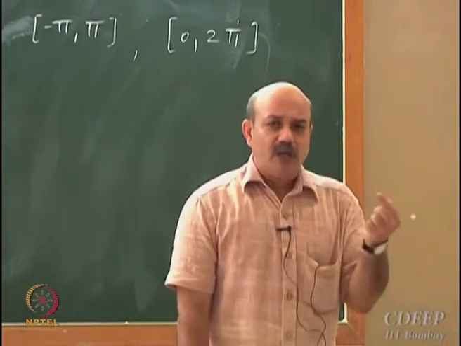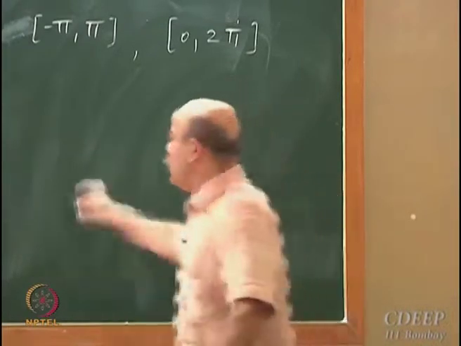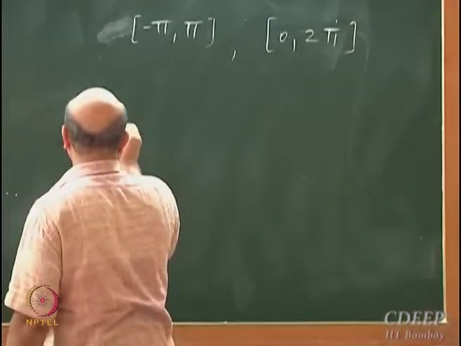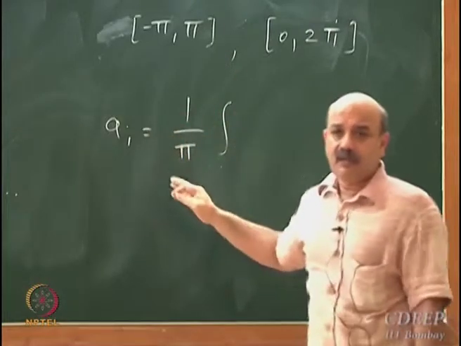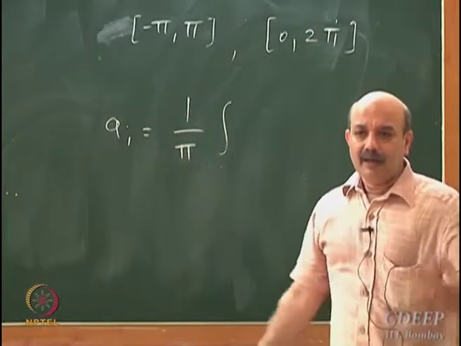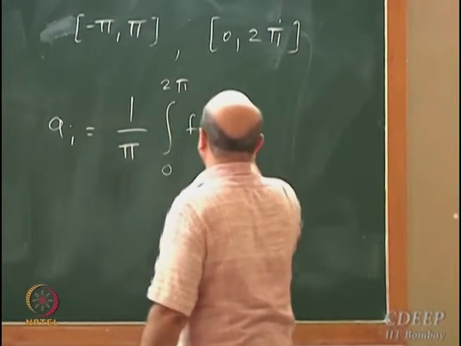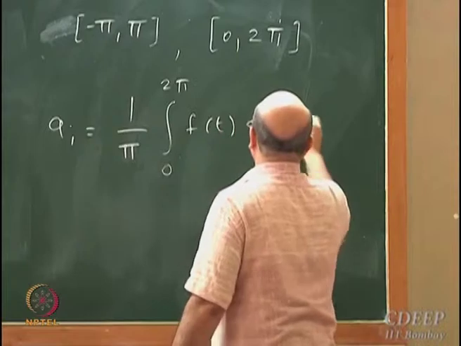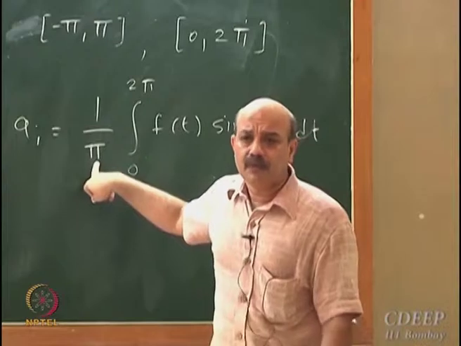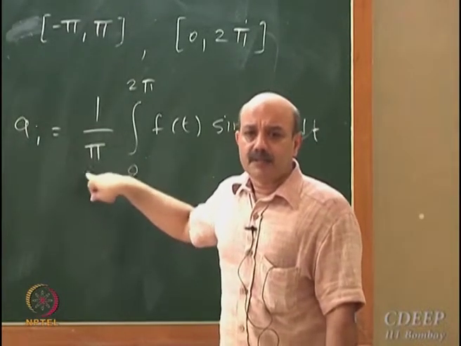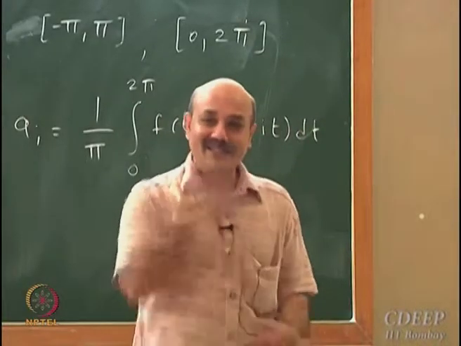If you remember, when you are taught Fourier series, you get a_i equal to 1 by pi, integral 0 to 2 pi f(t) sin(it) dt, something like this. Why does this pi come? I used to have this problem when I studied this. Why suddenly put pi there?